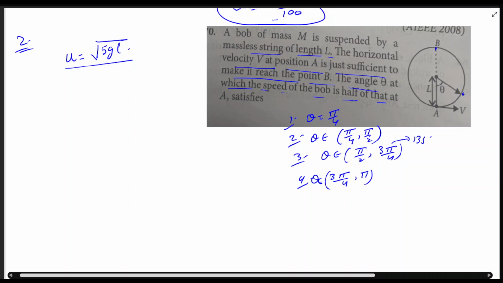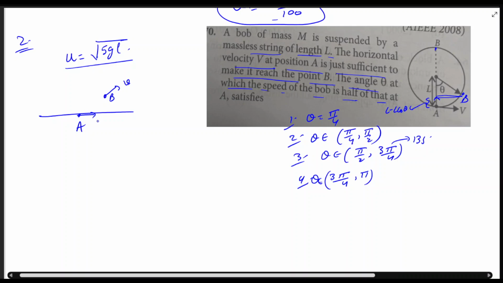Now, let's say this is point B. So the height it will be going up is L minus L cos theta, right? So by a length L minus L cos theta, it is going in the upward direction. Let's say this is point A and this is the particle at B having a velocity v.